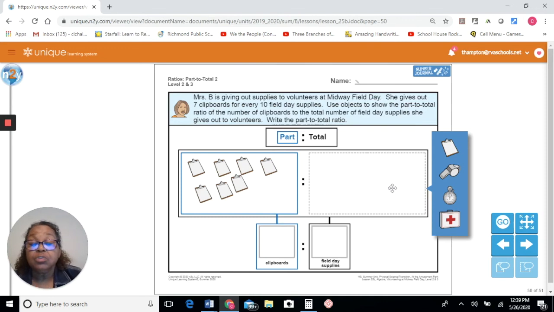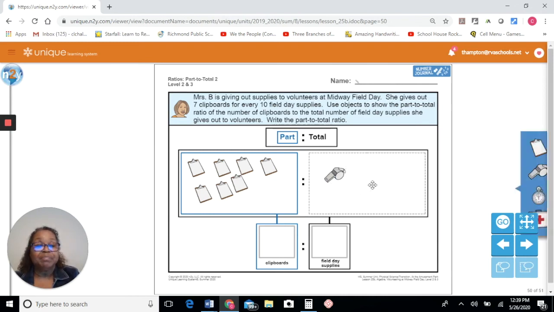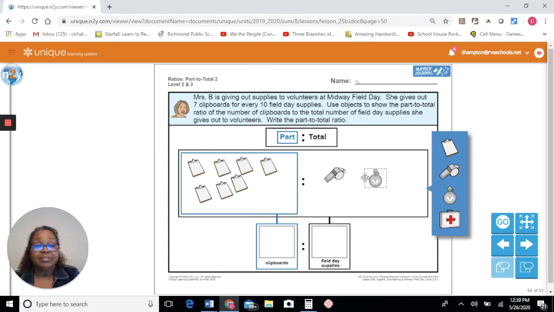There were 10. So if I have 7 here, how many more pieces am I going to put over here? 3 more. 8, 9, 10.